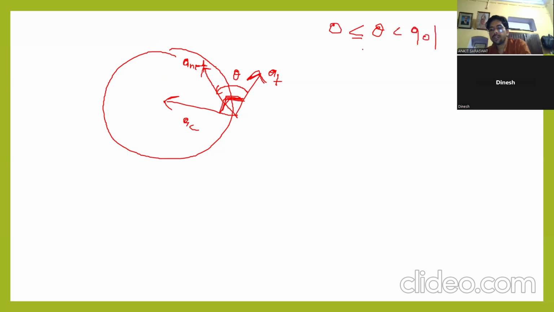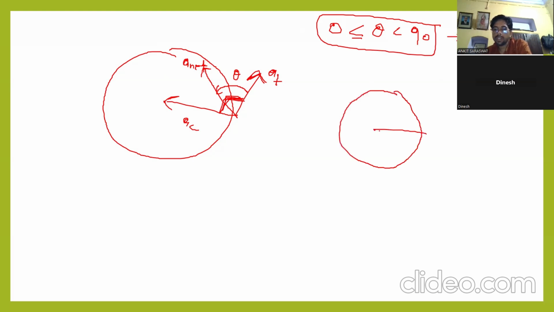then it will be accelerated motion. Accelerated. If a_c is like this and a_t is like this, then what will it be? The velocity is this now. Suppose it is taking this angle, this is theta.